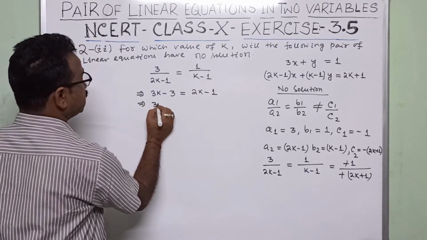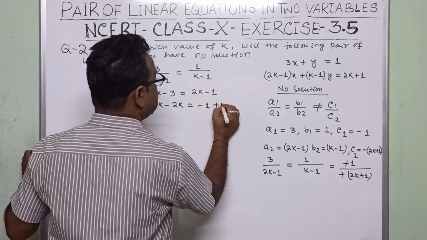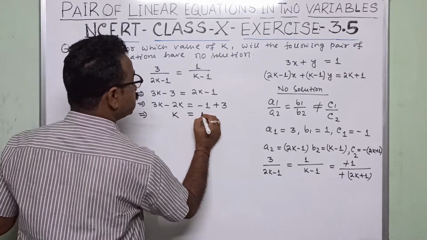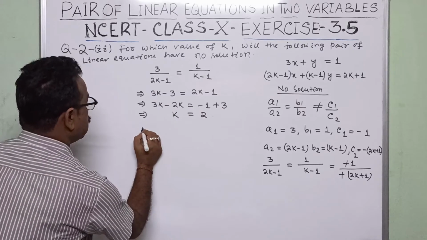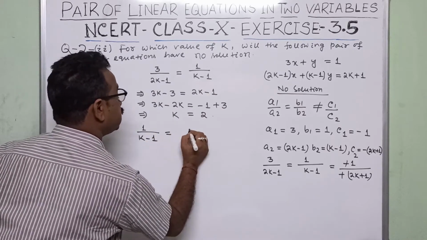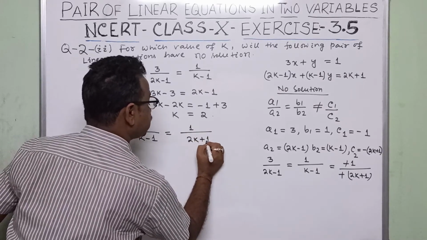That implies 3k minus 2k is equal to minus 1 plus 3. That implies k is equal to 2. This is the first condition.